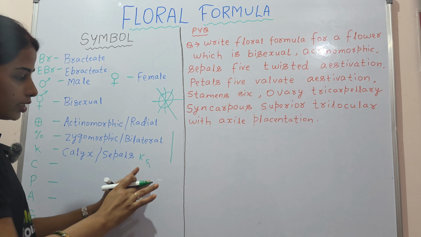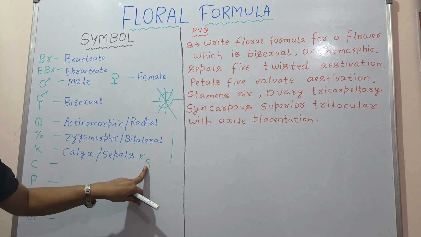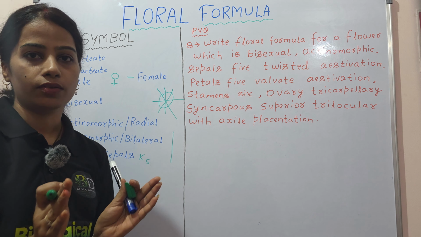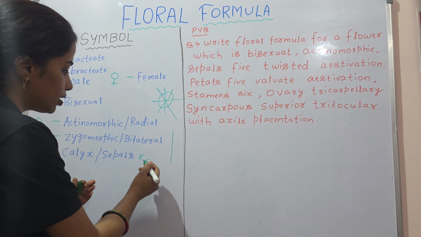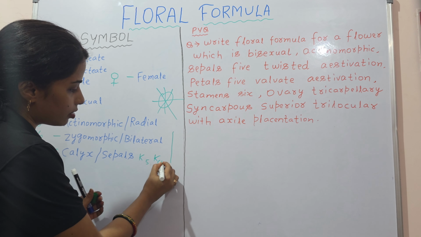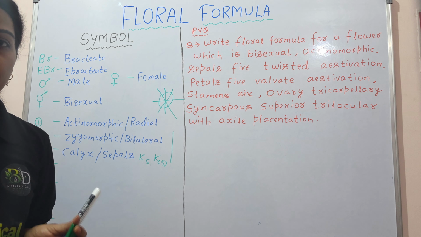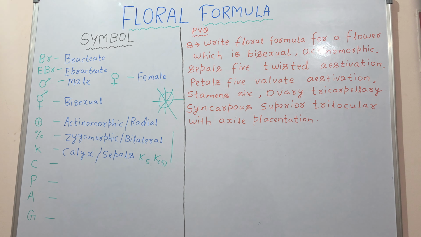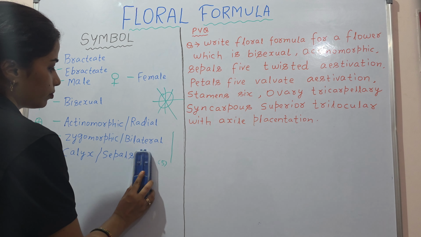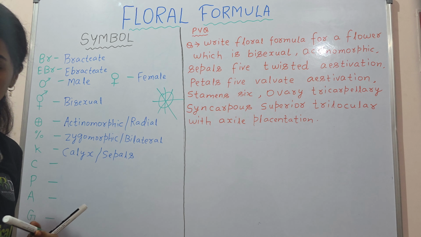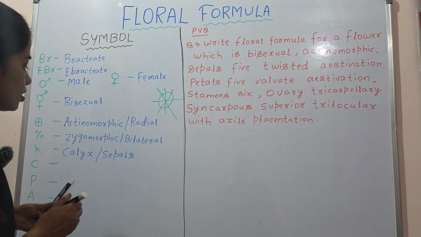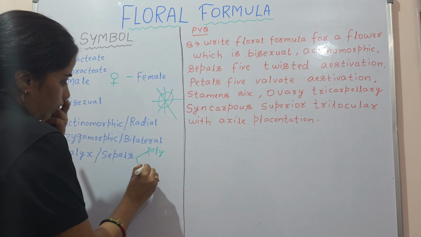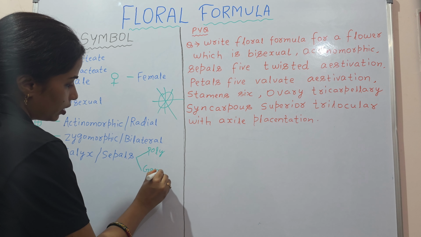If it is written without a bracket, then it is free, means the sepals are free from each other. But when it is written in a bracket like this, then it is united. So what are the terms that we will see? These sepals can be polysepalous or gamosepalous.